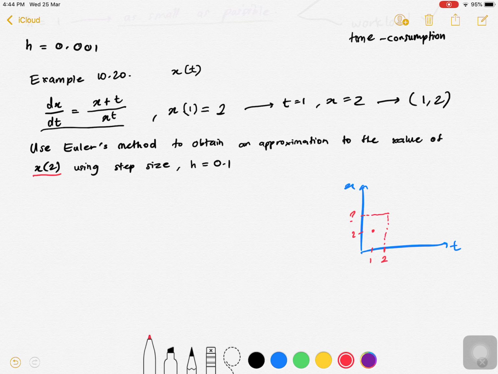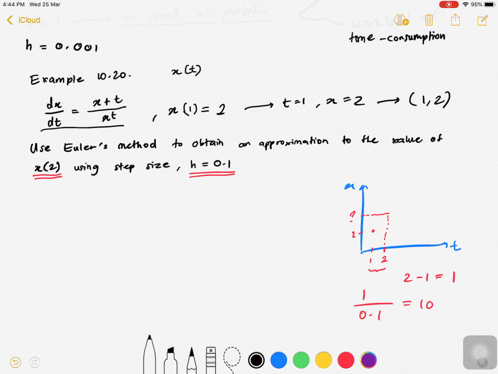The time step given is h = 0.1, and the whole process will be between 1 and 2. 2 minus 1 is equal to 1, so the number of steps depends on the time step. 1 divided by 0.1 is 10, so there will be 10 calculation steps to get the final answer. I will show you how to do that.